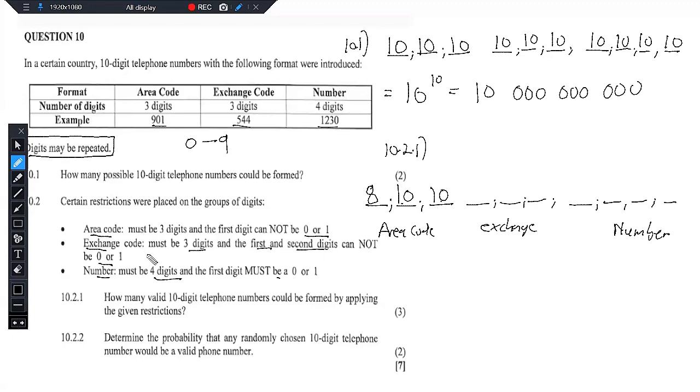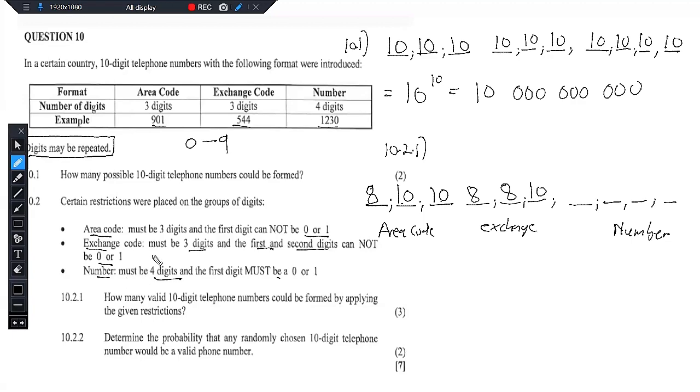Now we go to the exchange code. They say it must be 3 digits and the first and second digit cannot be 0 or 1. So the restriction is on the first and the second. If we exclude 0 and 1, that leaves us with a sample space of 8, and also 8 here. But there is no restriction on the third digit, so that means 10.